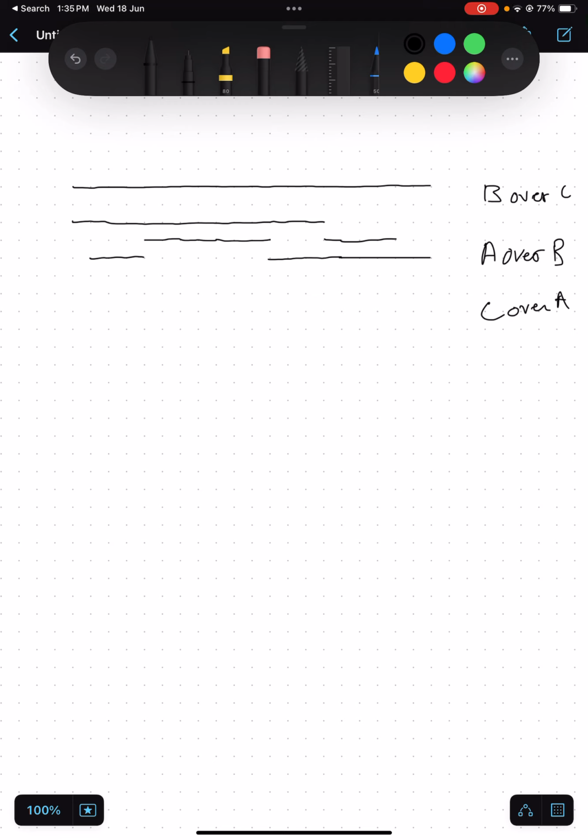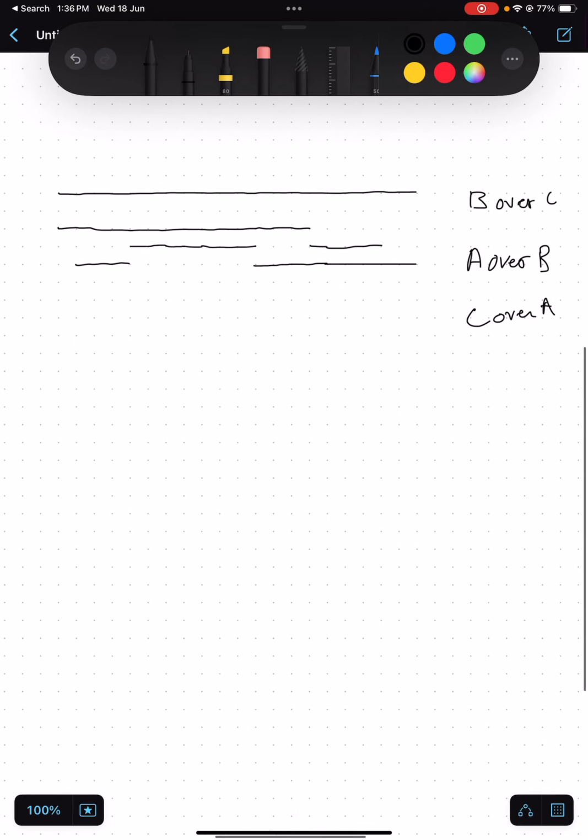Okay, so the reason I'm doing this is because, how do I explain this? Wait, we still need one more space where nothing interferes with these ones.